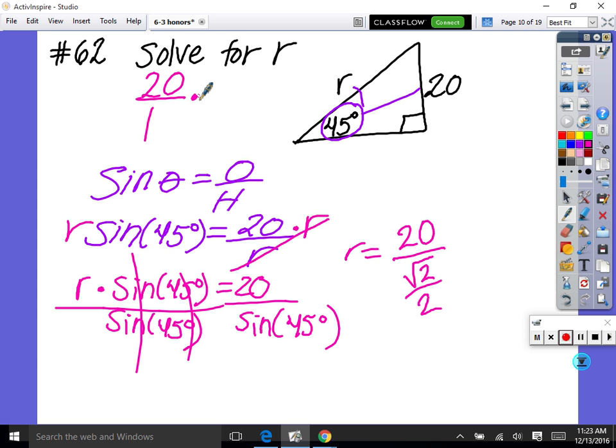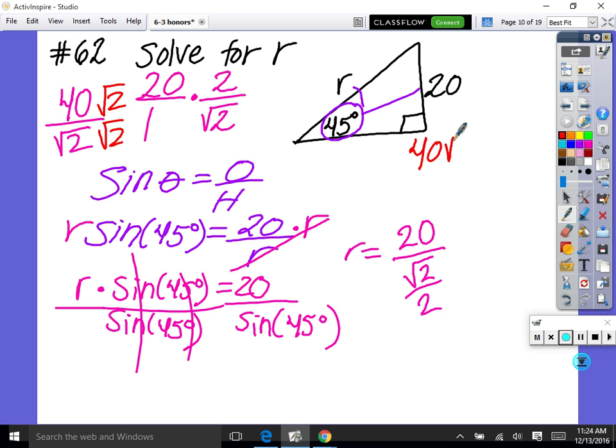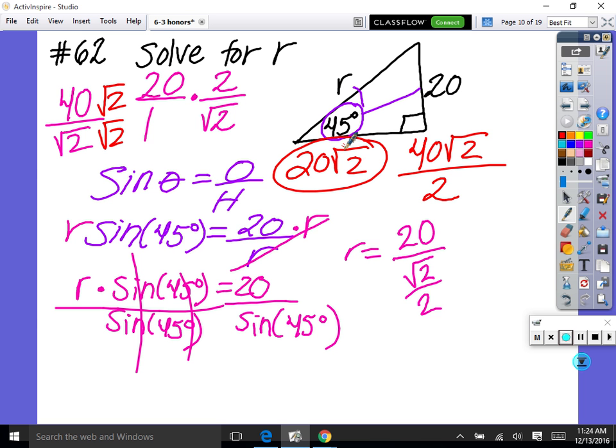Divided by, so that's 20 over 1 times 2 over root 2, correct? So that's 40 over root 2, which is not an acceptable answer. We would rationalize the denominator at this point. Times root 2, so on top we have 40 root 2, and on bottom we have a 2. So now 40 and 2 simplify to be 20 root 2. That would be the only acceptable answer.